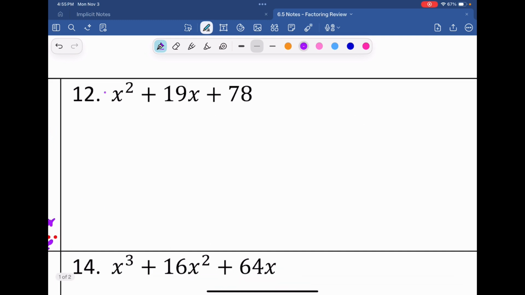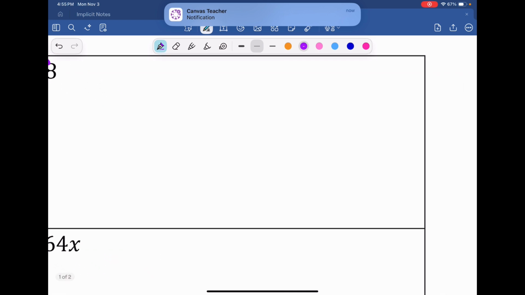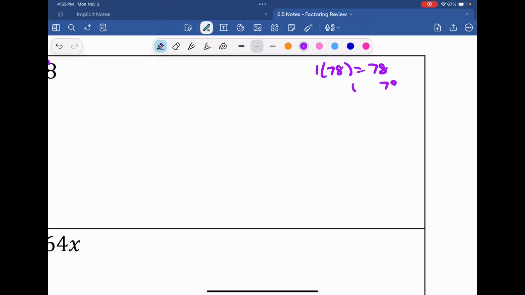All right, leading coefficient on 12 is also 1. Multiply 1 by 78. Factor pairs.